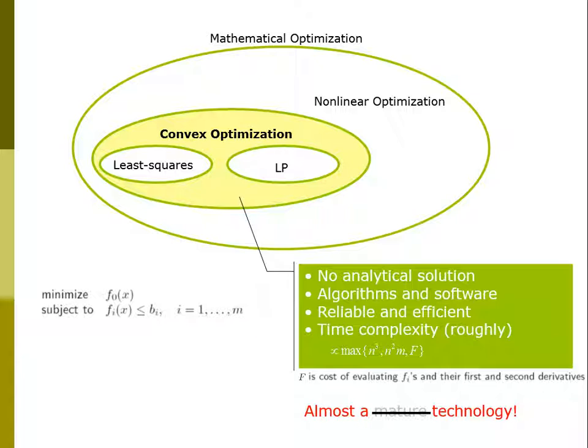Take this problem as an example. It can be solved in a number of steps or iterations that ranges between tens and 100 steps. However, solving general convex optimization problems is not yet a mature technology. Research on interior point methods for general nonlinear convex optimization is still a very active research area.